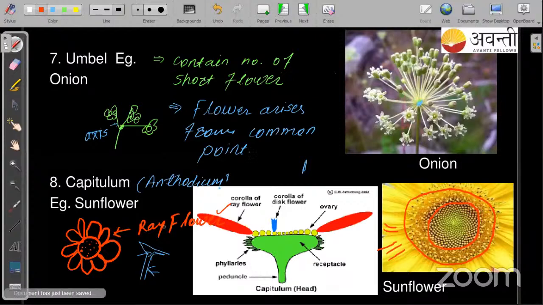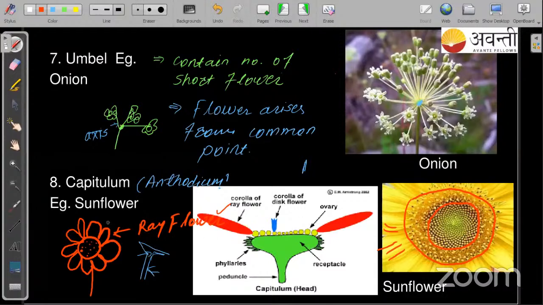So this flower contains two types of flower. Actually, this is not a flower. Ideally you see the sunflower like that, but this is not a flower. This is an inflorescence, and this inflorescence contains two types of flower. First is the ray flower.